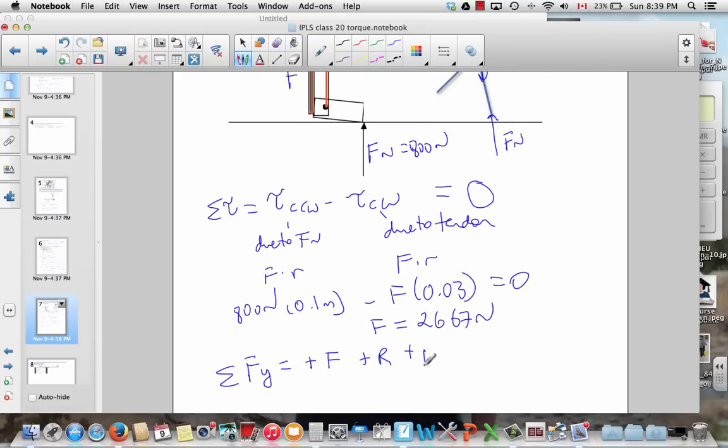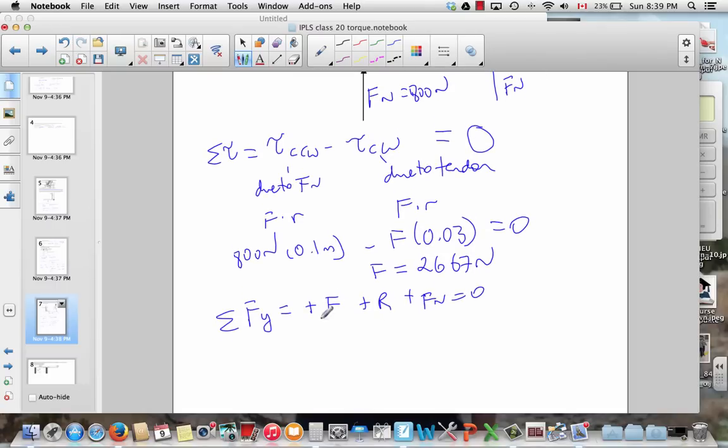Clearly they can't all be upwards, but having assumed that they are, what the equations will tell us is that we've done something wrong, and the reaction force is actually downwards 3467 newtons. So the lower leg is pushing down on the foot, and that makes a lot of sense.